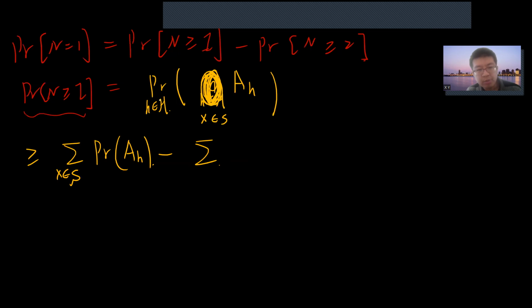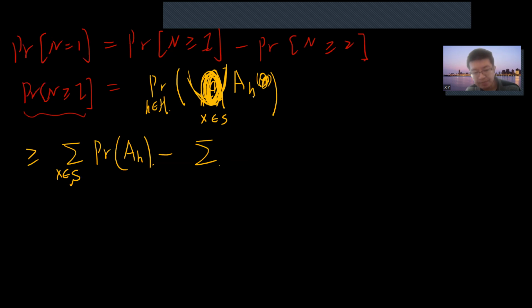So I pick h from H and ask about A_h(x), and the union over x belongs to S. You don't care about this x, but the idea is that if you pick x in S, you want to union the events such that you put x in A_h.